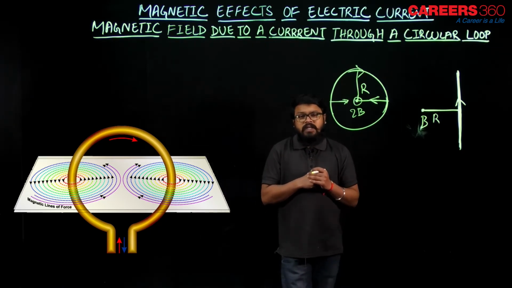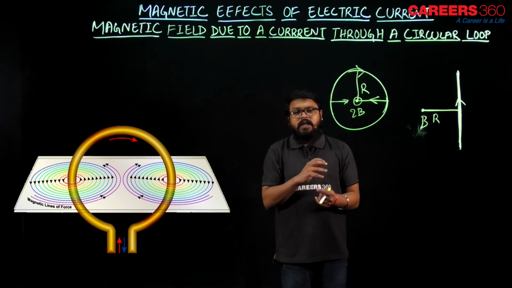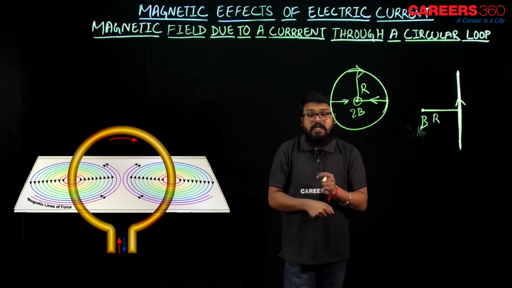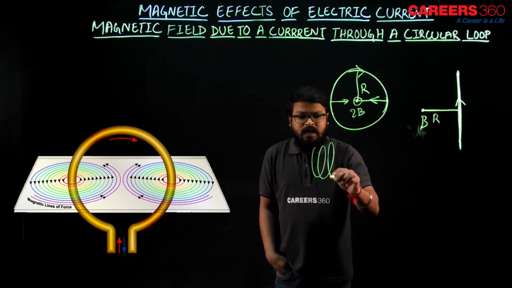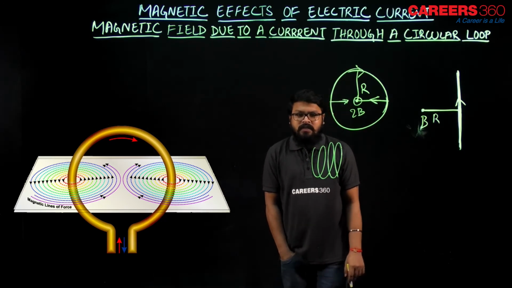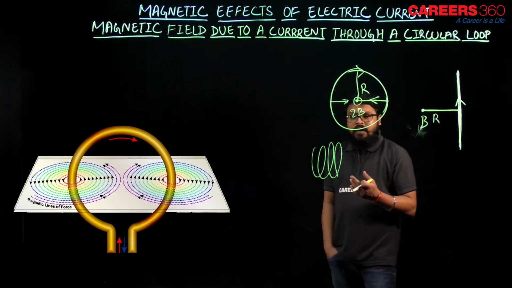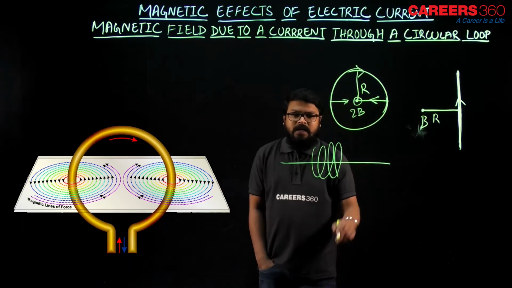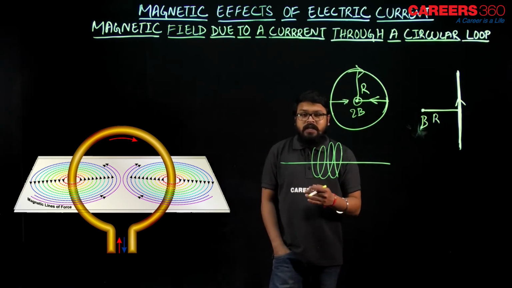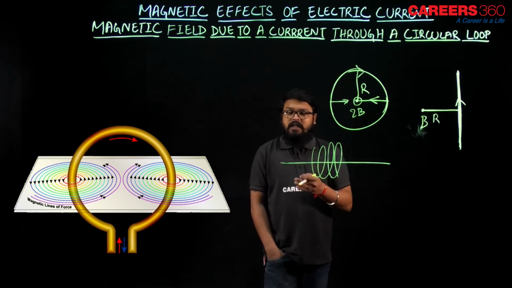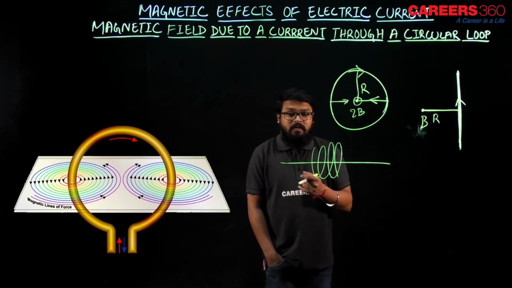Now, this magnetic field intensity B at the center will depend on many factors. What if I convert this long straight conducting wire into a number of loops, that is a coil? If I make it a coil, it looks like this, that is a coil, more than one loop. So for more than one loop, at the center, that is the axis, the magnetic field would be more. How?